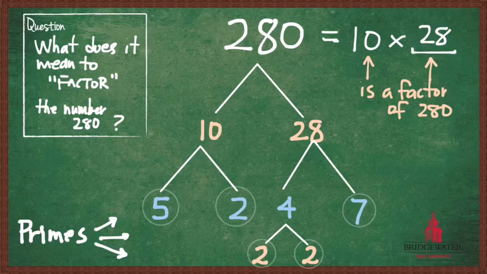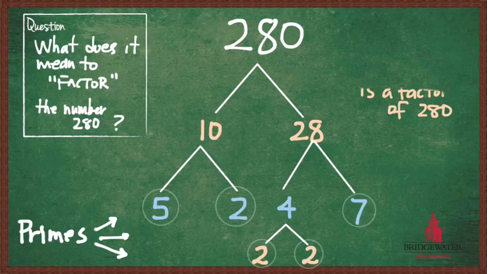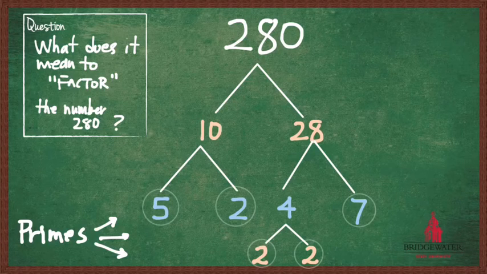And so the beauty of this method is even if we take different routes to get to the bottom of the branches of this tree, you and I will always end up with the same numbers, even if they're in different order. We're going to end up with the same primes at the ends of our branches.